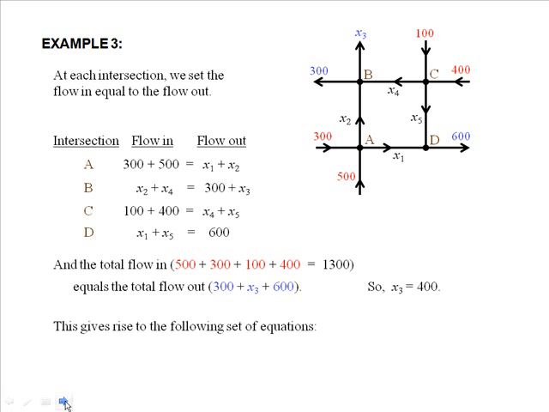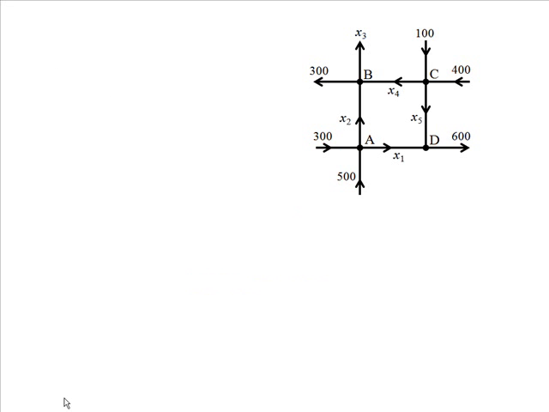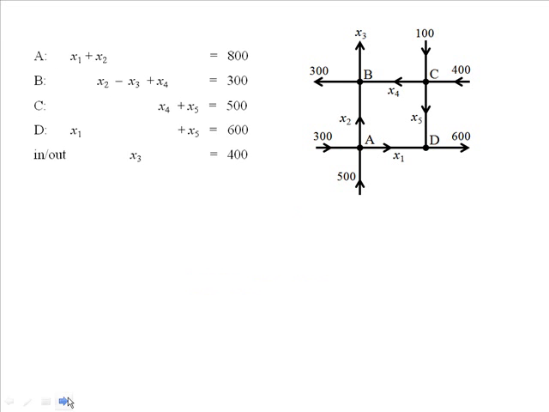And so this gives rise to the following set of equations. For each intersection, we are getting our variables on the left and all of our numerical values on the right and combining any like terms. So here is the set of equations for our 4 intersections and then the total flow in and out.